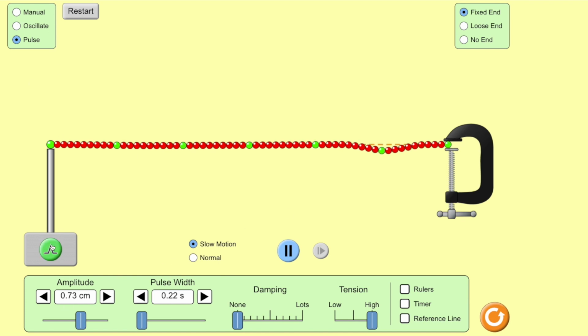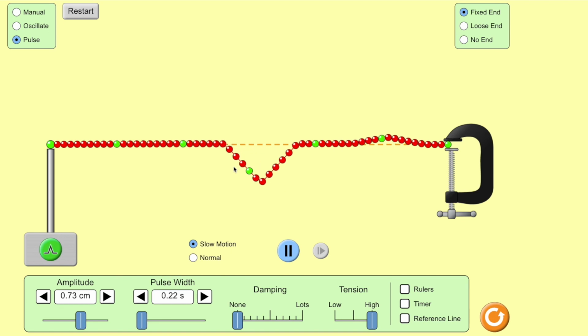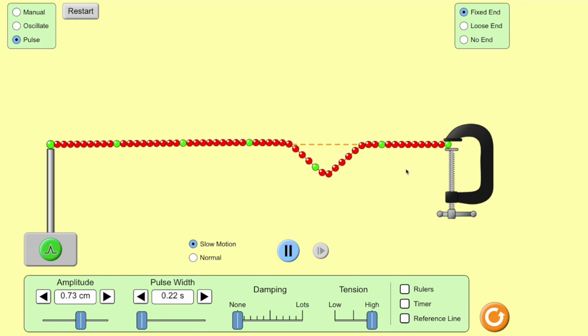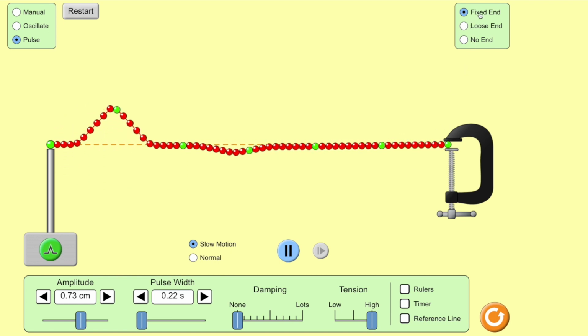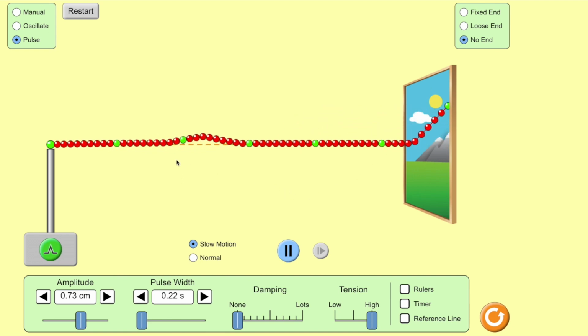So when I send a pulse, okay, it will reach the right hand side, and since that is fixed, the energy will be bounced back, will be reflected back. We will be talking about reflection at a later stage. So I can have a fixed end, I can have no end at all, which means that the wave will not have a limit, so it will pass through and will keep on going outwards.